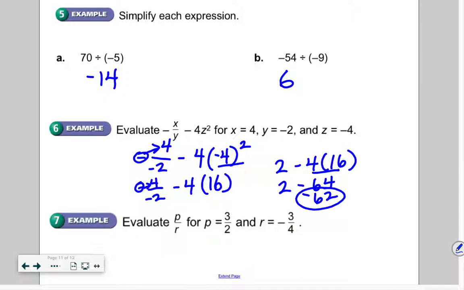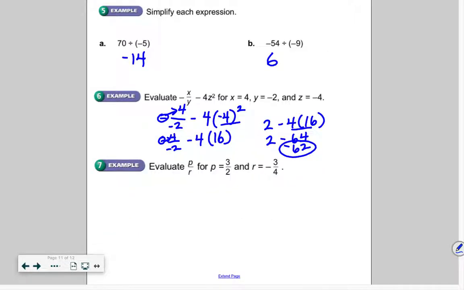One more. Evaluate P over R for P is 3 halves and R is a negative 3/4. So on top we have 3/2. On the bottom we have a negative 3/4. How do we divide fractions? Keep, change, flip.